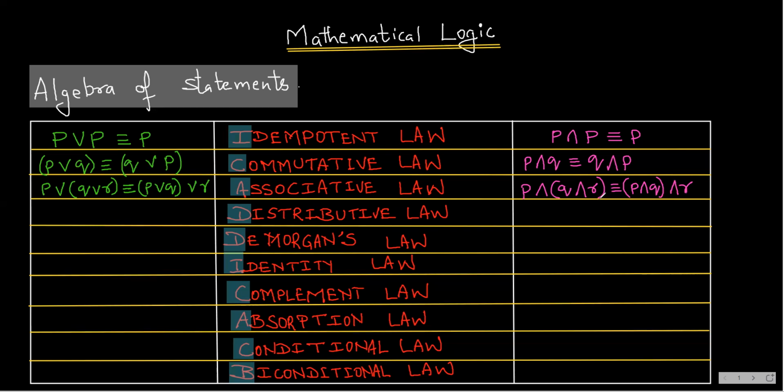This is known as associative law because how you associate the two elements is not important. You associate Q with R, then go with P, or you associate P with Q and then go with R. It does not matter. The reason being the logical connectives are same.